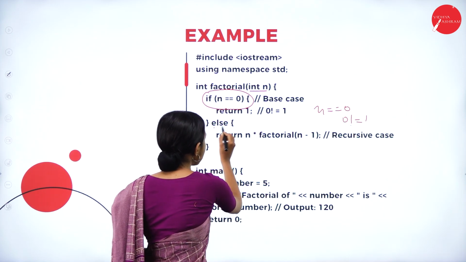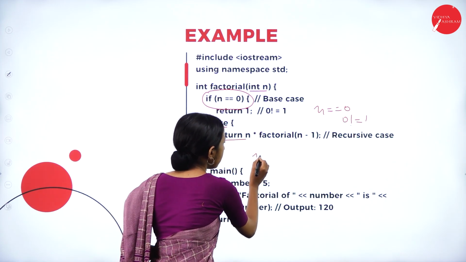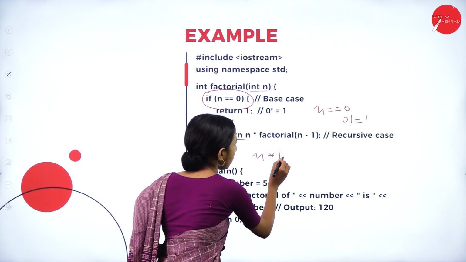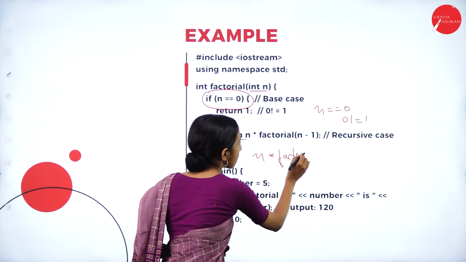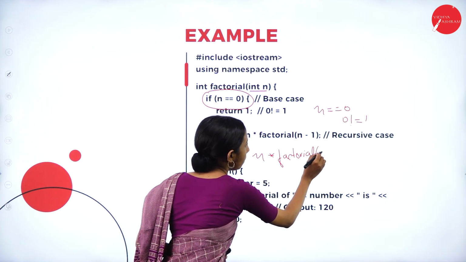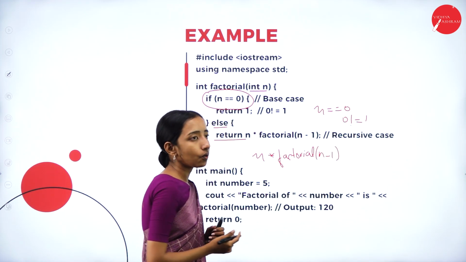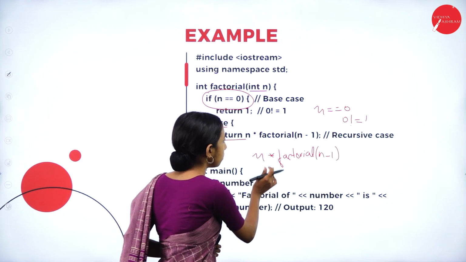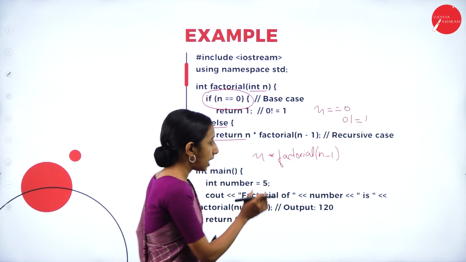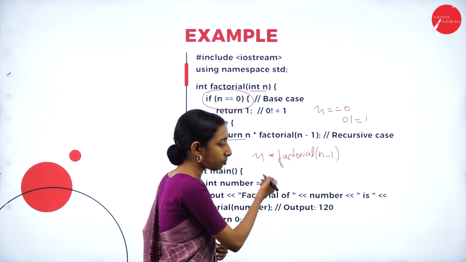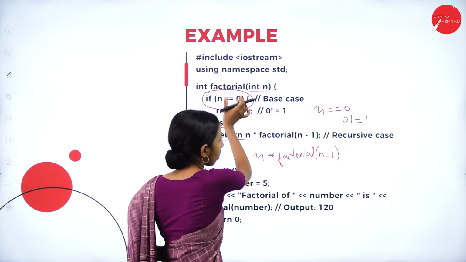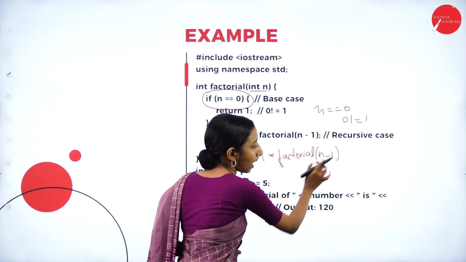Next we have the else part, return n * factorial of n minus 1. Here the asterisk means multiplication: n into the factorial function with n minus 1.